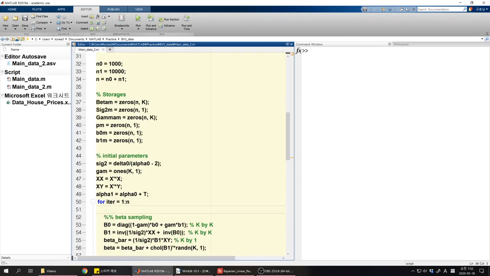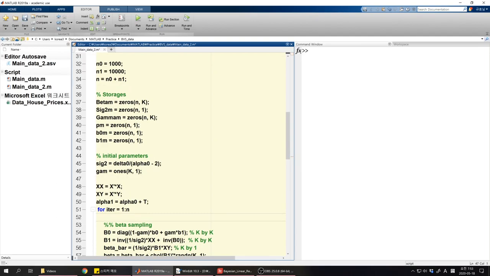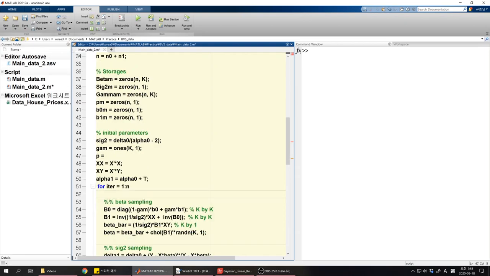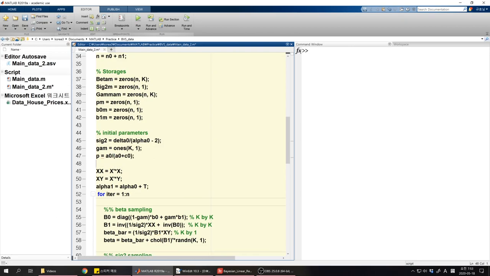And then we also need to initialize the parameters. What about p? P equals 1/2, or you can initialize P at the prior mean. The prior mean is A0 divided by A0 plus C0.